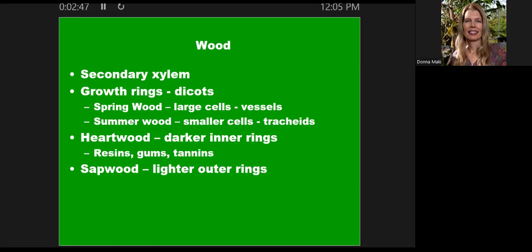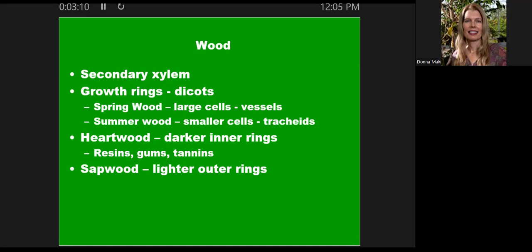And so the heartwood, I'll show you a picture of this. When you look at a tree trunk in cross section, you can see a darker patch more toward the center where there's been a lot of tannins that have been produced and secreted in that area, or resins and gums. And so that area of the xylem pretty much isn't functioning as water transport.